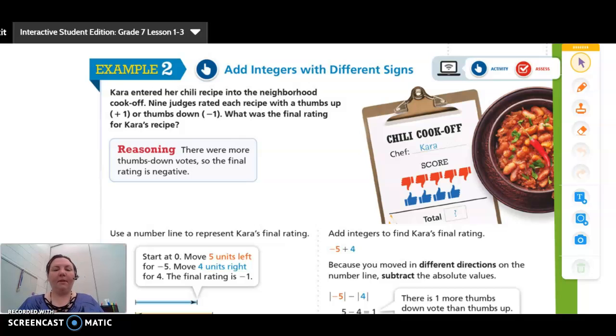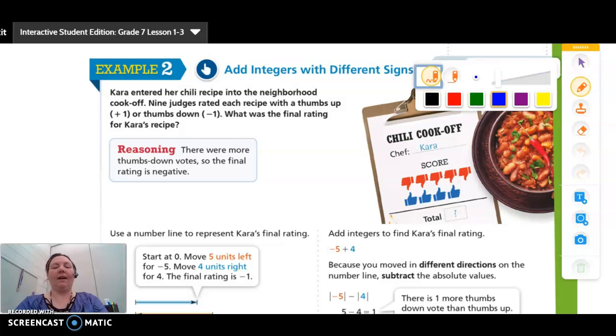So on the top of page 21, you can see the first example of what happens when we have some positive being added with some negative. Okay, and so here you can see in this reasoning box, there were more thumbs down votes, so the final rating is negative. This really comes down to that idea of using our positive and negative tiles.